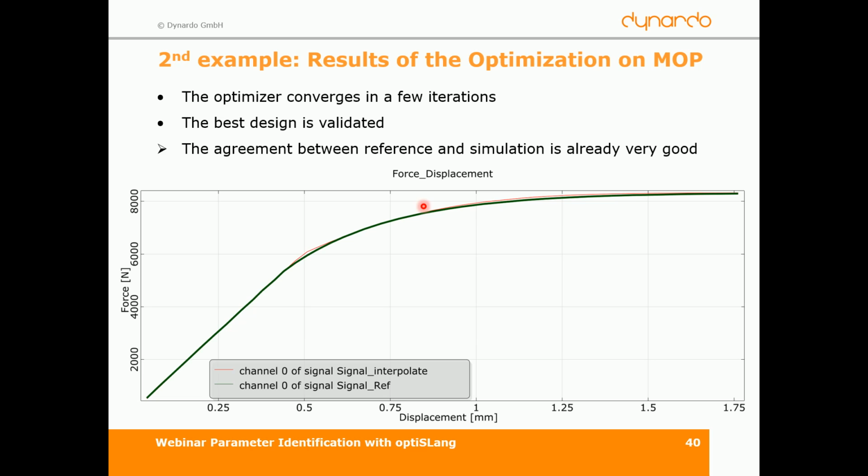And here you see some result of the optimization on the MOP. If you have a look at the signal plot, this force displacement curve again, in green you see the reference curve, and in red you see the best design of the optimization on the MOP, and you see the fit between these two curves is really good, and so you can decide that, okay, after this optimization on MOP you can stop, and it's not necessary that you run some optimization with direct solver runs, starting the solver every time like in this workbench.